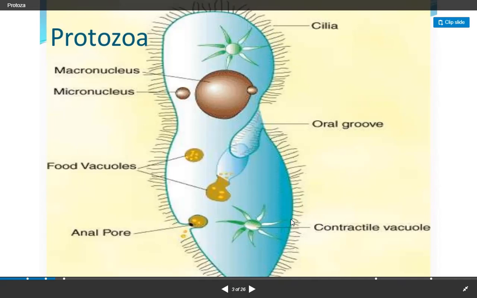In this vacuole, they digest their food, and these are the projections which move the food through all the protoplasm or cytoplasm. These are the food vacuoles, meaning extra food is stored within these vacuoles, and this is the anal pore from where they expel their waste material.